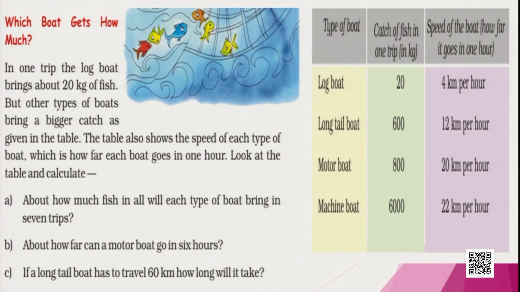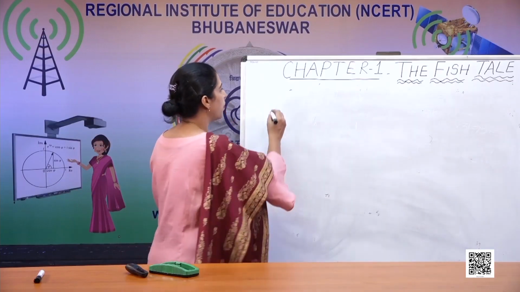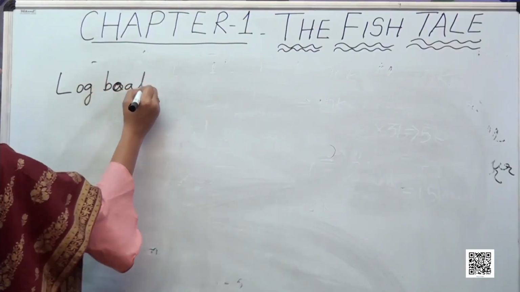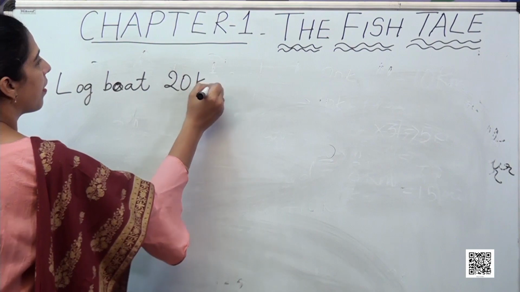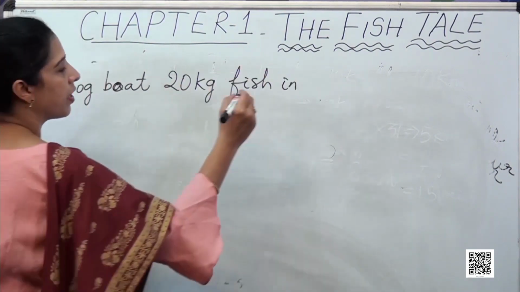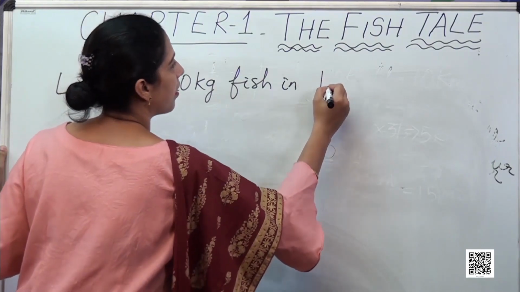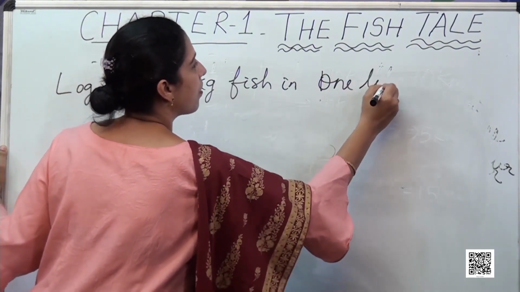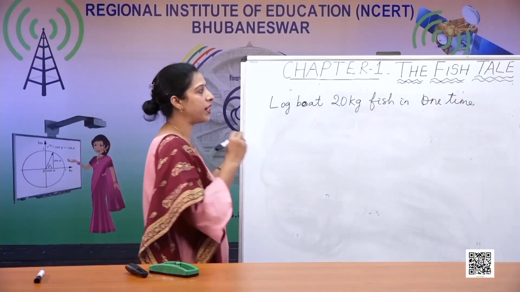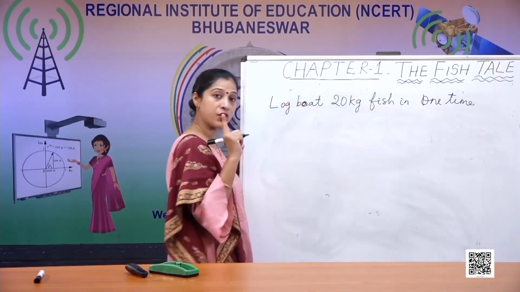So we have to find out each type. The log boat can catch 20 kg of fish at a time, in one trip. So how much fish will it catch in 7 trips? In one trip it can catch 20 kg.